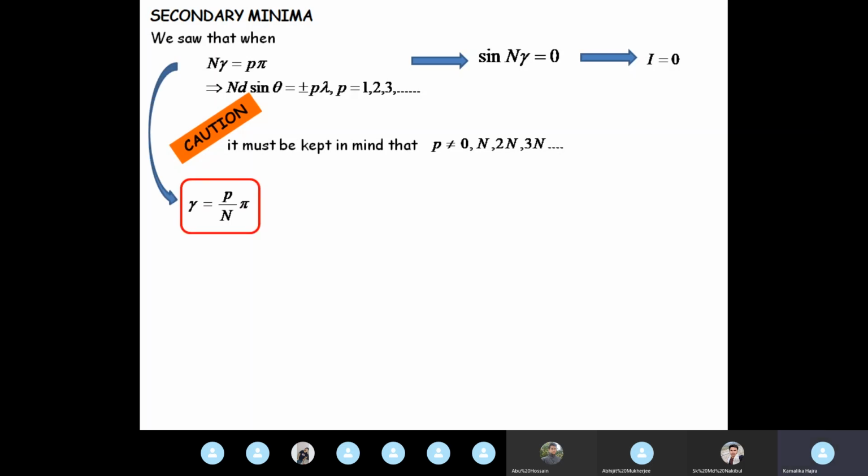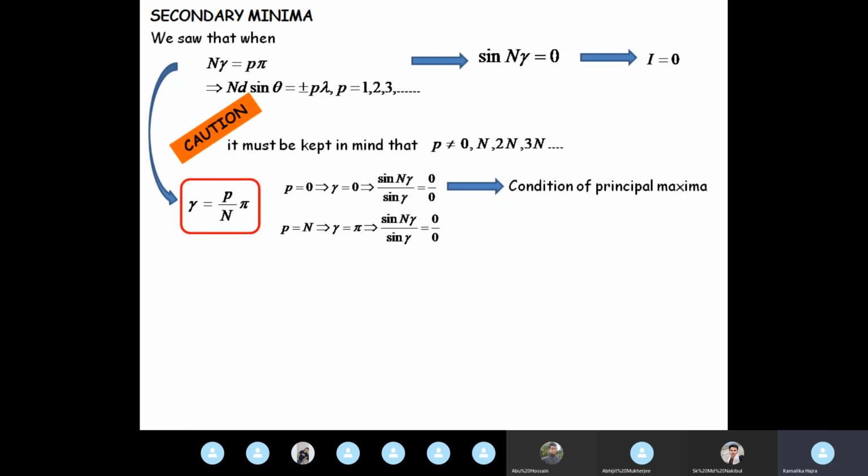N gamma equals p pi means gamma equals p by N pi, right? So at p equal to 0, what will happen? Gamma equals 0, which means sine N gamma by sine gamma equals 0 by 0. But we already discussed that when we reach this condition of 0 by 0, we'll apply L'Hopital's rule and we'll get the intensity proportional to N square, which is the condition of principal maxima, right?